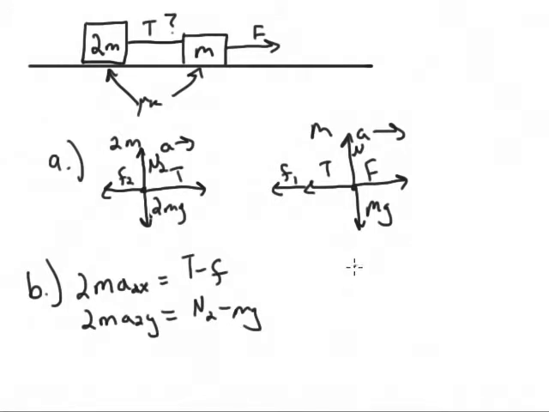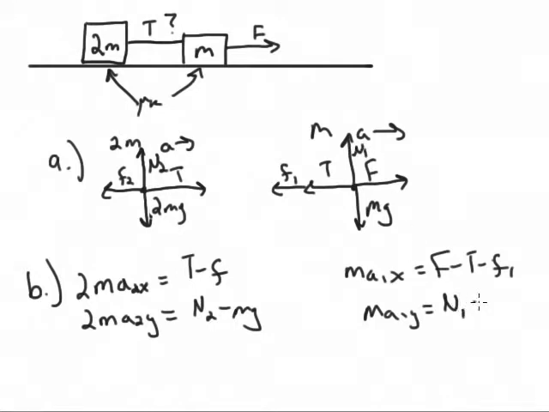And over here we'll have m a1x is equal to F minus T minus F1, and then m a1y is equal to n1 minus mg.